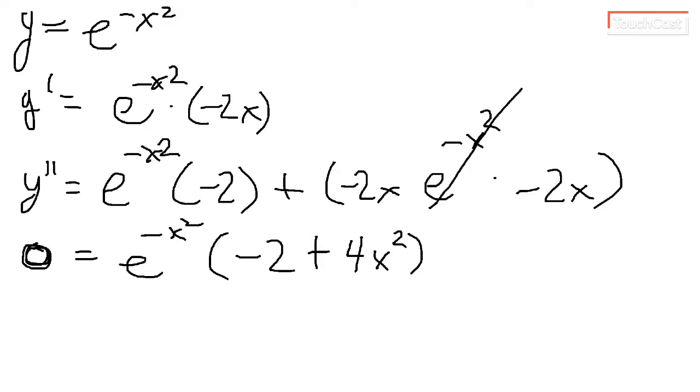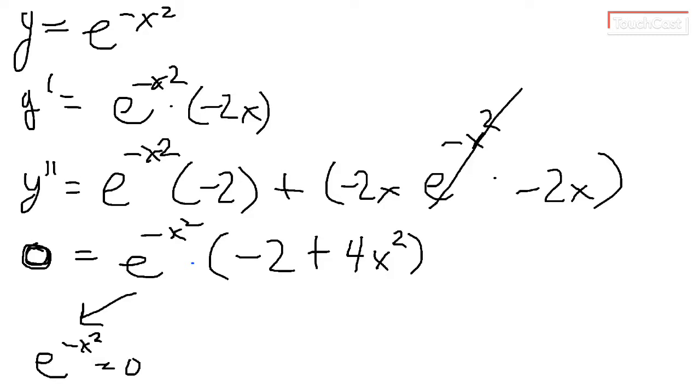So here I go. I have a 0 on one side, and I have a multiplication problem on the other side. I think of that as a dot. This is a multiplication problem, so if these two things multiply together to make 0, either e to the negative x squared equals 0, but it never can because that's me raising a positive number to some exponent.